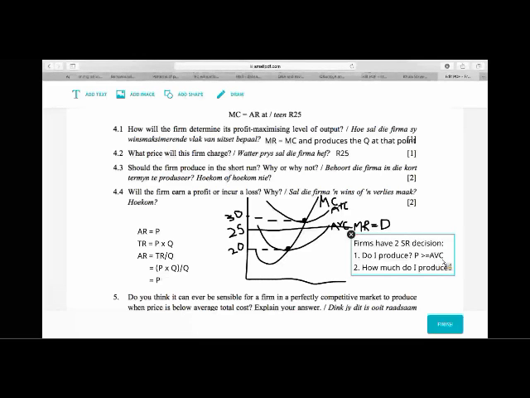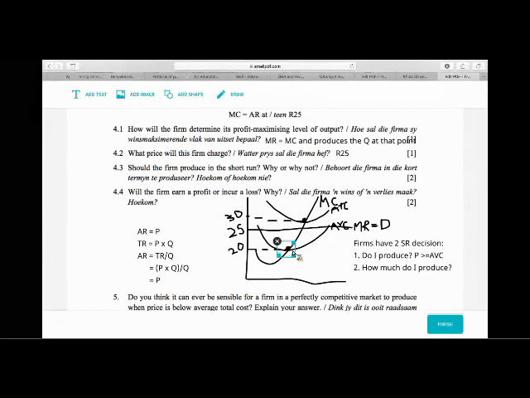You make a loss of fixed cost. If your price is less than AVC, you would shut down because then you're not able to cover the cost of staying open. Okay, so if we look at this picture, we see price of 25 is above the shutdown point at minimum AVC.